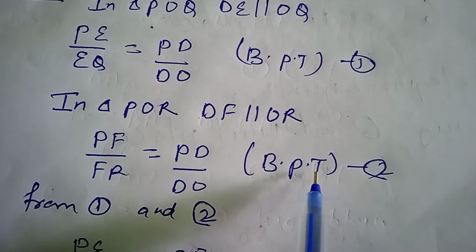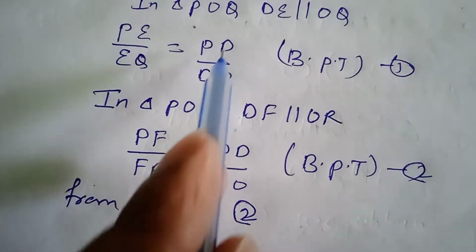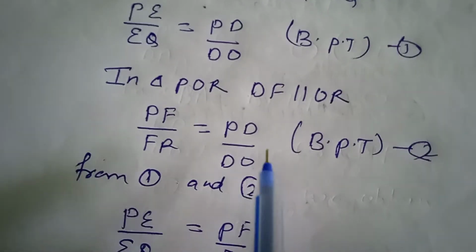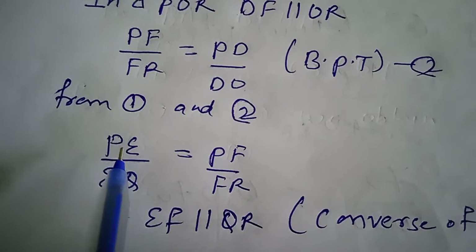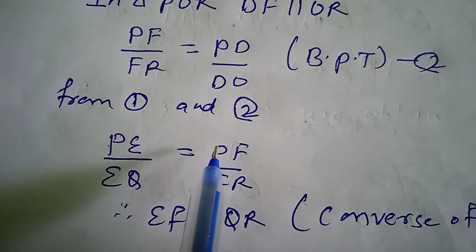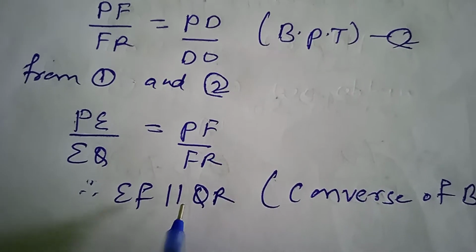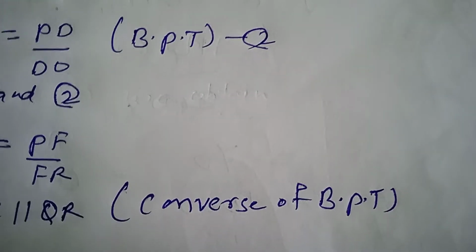Basic proportionality theorem. From 1 and 2 we can clearly see PD upon OD is equal to PE upon EQ. Therefore, PE upon EQ is equal to PF upon FR, so we can say that EF is parallel to QR. Basic proportionality theorem.